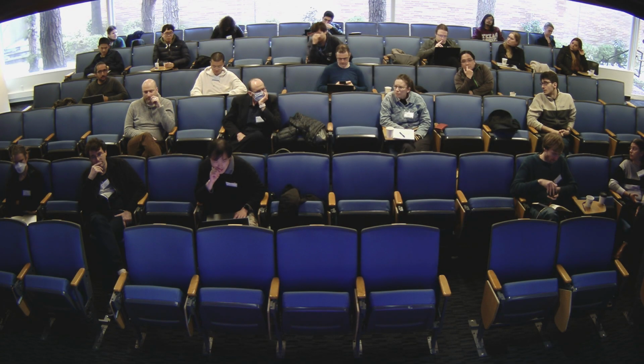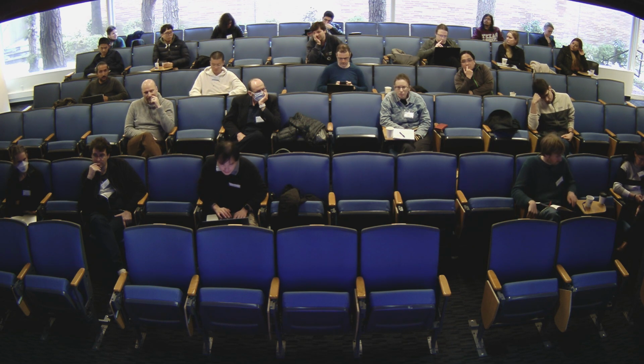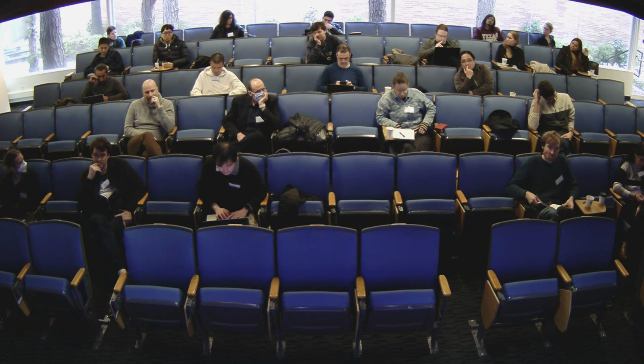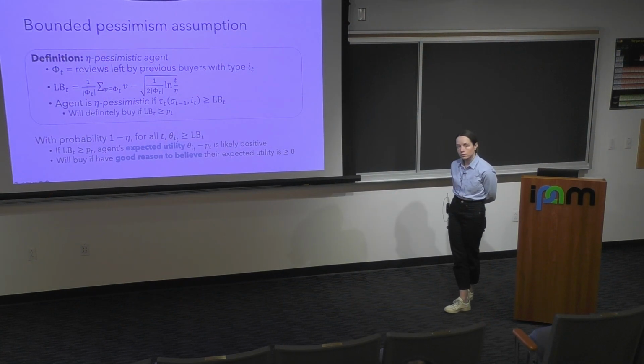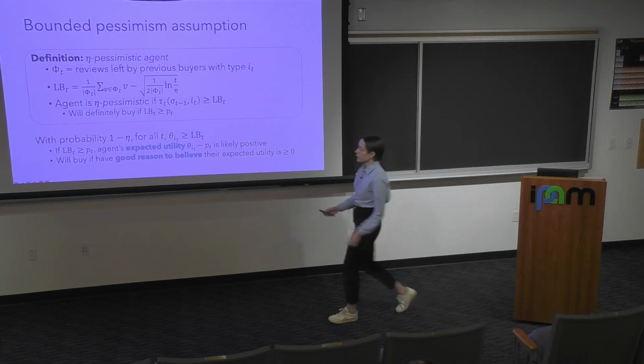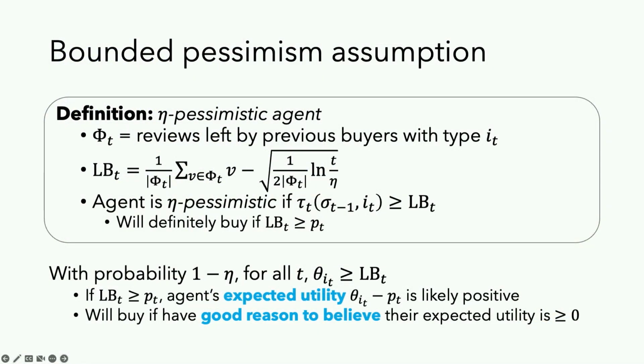Just on the previous slide, I'm a bit confused by the tau notation, the difference between tau and the lower bound. If the lower bound is the average of the previous reviews minus something, does this not just perpetually decrease as time goes on? Oh no, because if you're actually gathering reviews, the thing down here is the number of reviews.